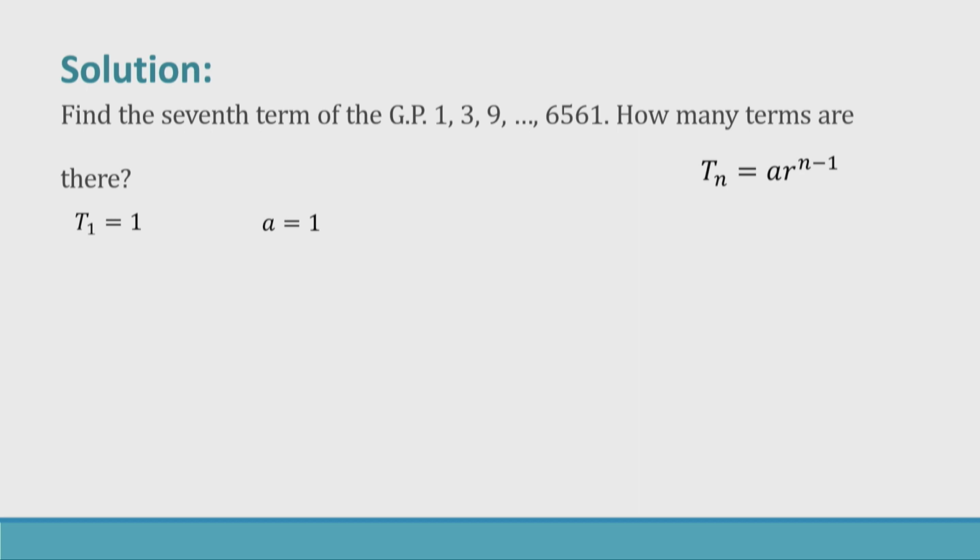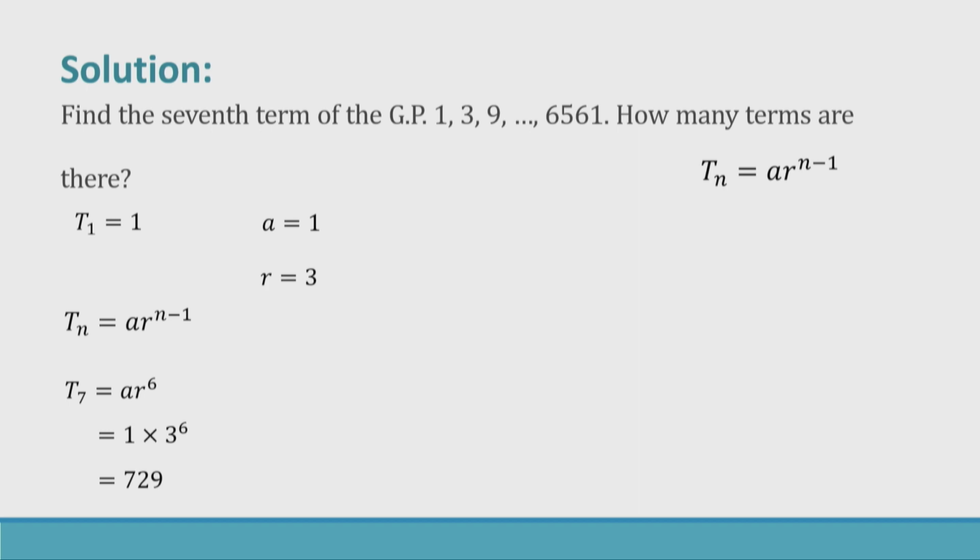That is A equal to 1. Our common ratio R will be 3 divided by 1, which is 3. So using Tn, we need to find the seventh term. So T7 will be AR power 6. That is 1 times 3 power 6, which is 729.